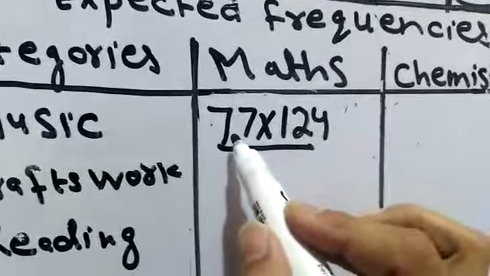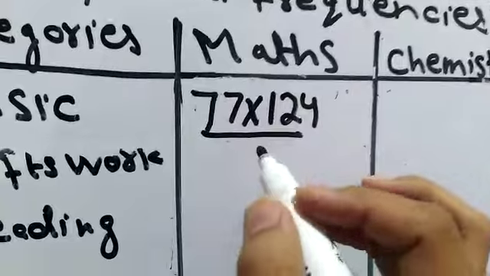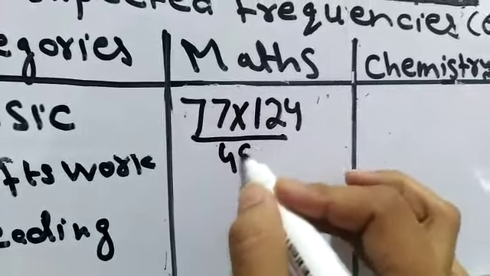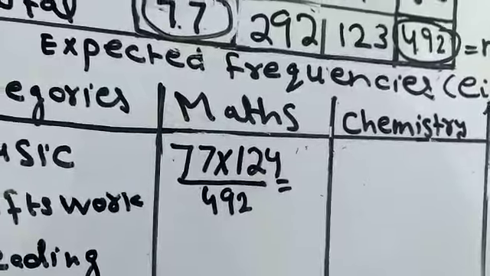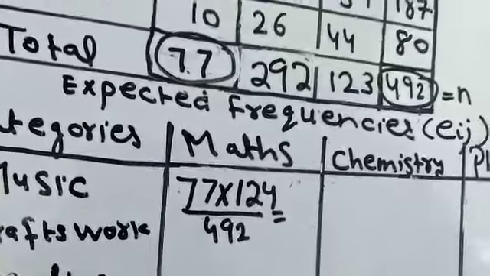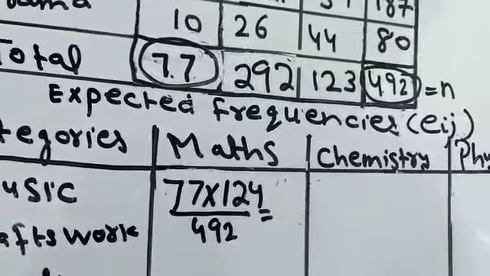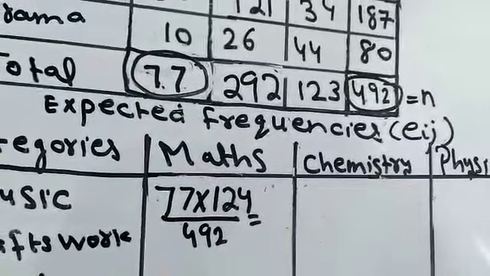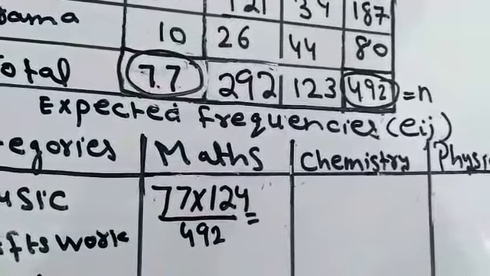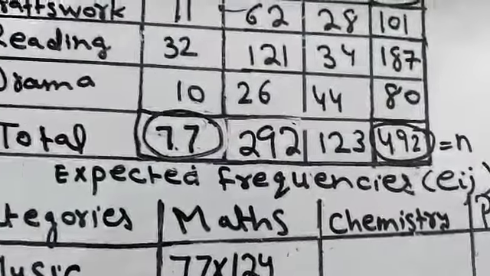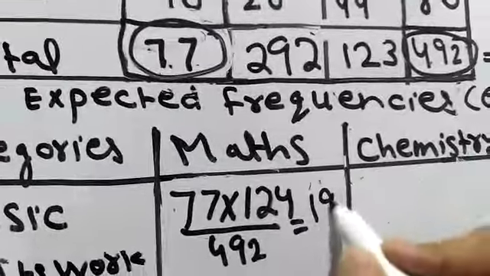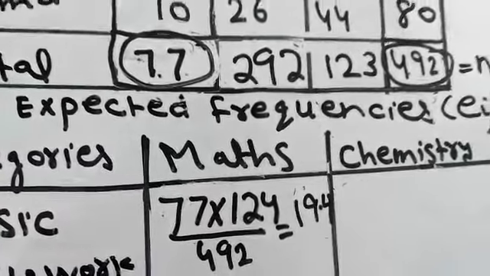Total number of observations. We divide 77 multiplied by 124 by 492. The answer will be 19.4. Right?